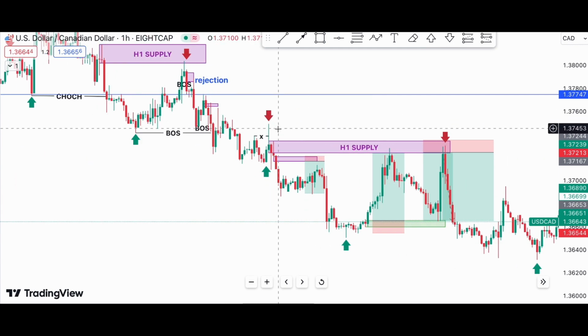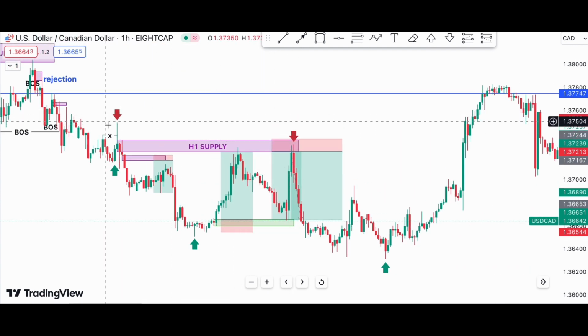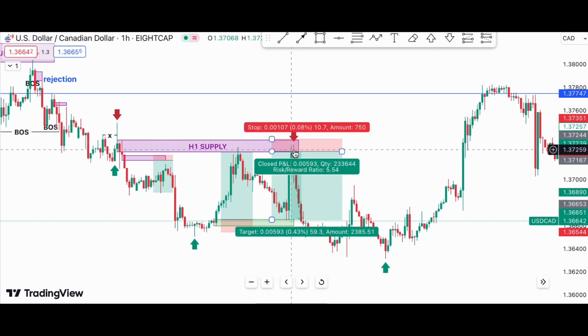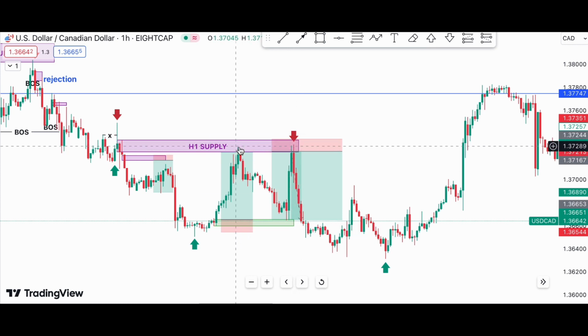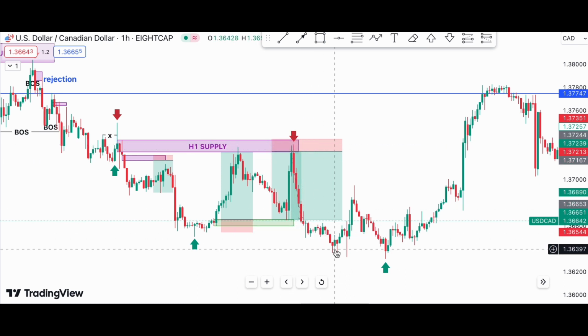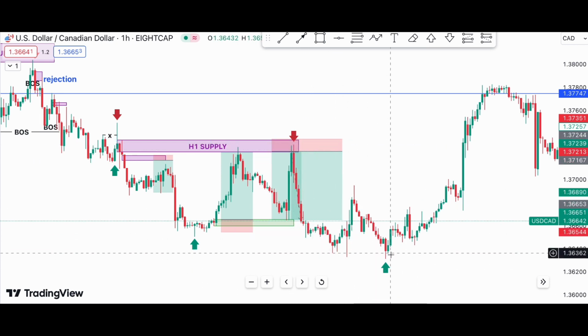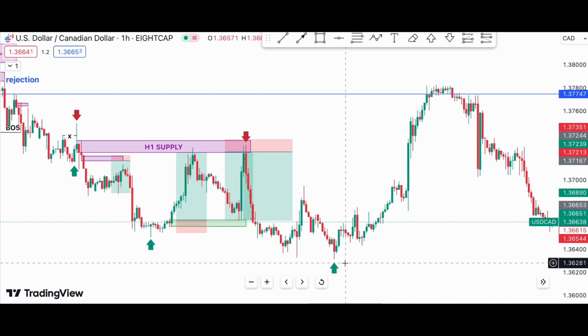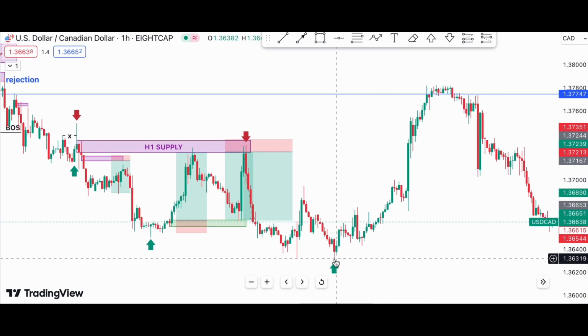All the valid highs cannot be broken. Once one breaks, the change of character happens. Didn't break, then the next valid high, same, didn't break, then this is a new valid high. Then the price has created a new lower low again. So this is the last valid low, lower low.